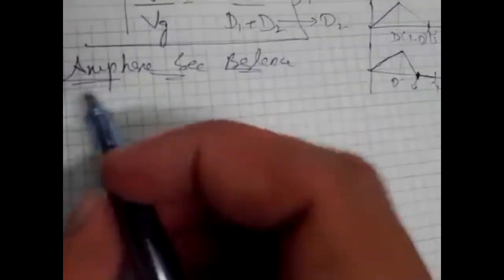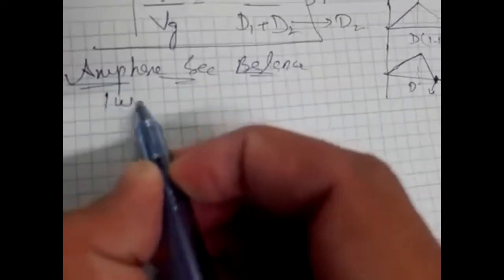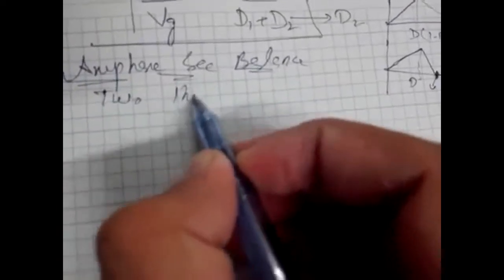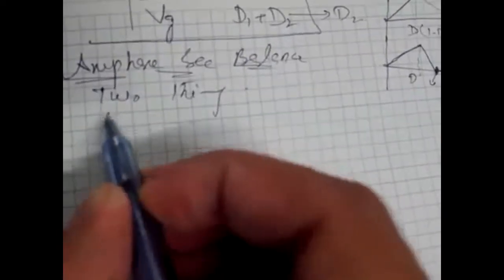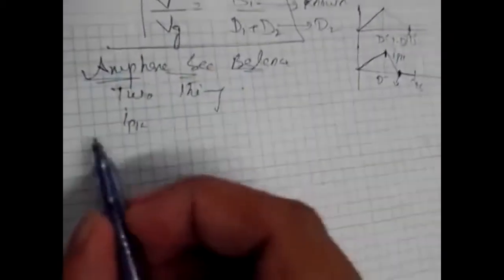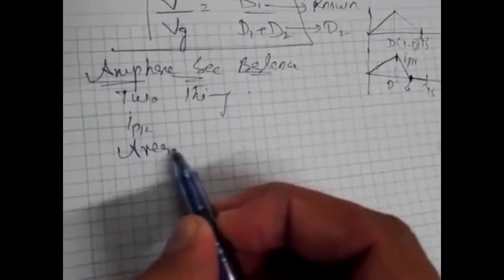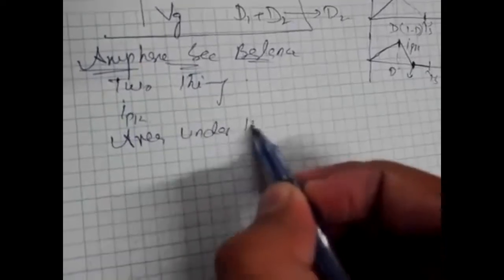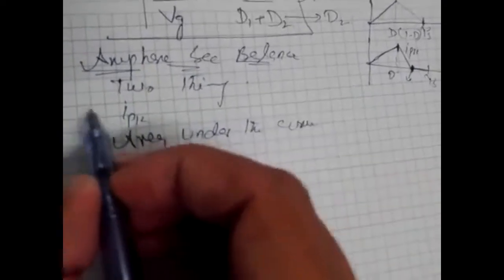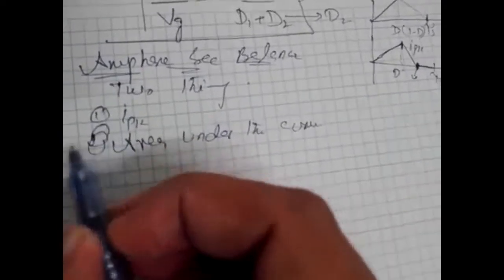So we see two things here in this ampere-second balance. One is Ipeak, and Ipeak is this. The second thing is the area under the curve. So these two things are very much important.